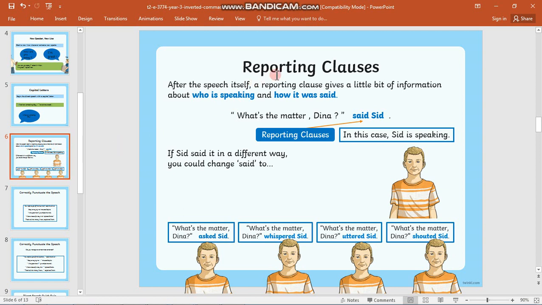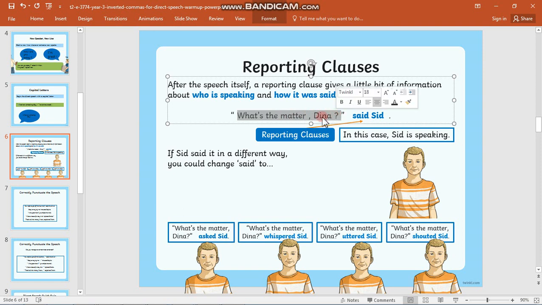Reporting clauses. After the speech itself, a reporting clause gives a little bit of information about who is speaking and how it is said. The direct speech in this example is, "What's the matter, Dinah?" As you can see, I have my capital letter at the beginning.